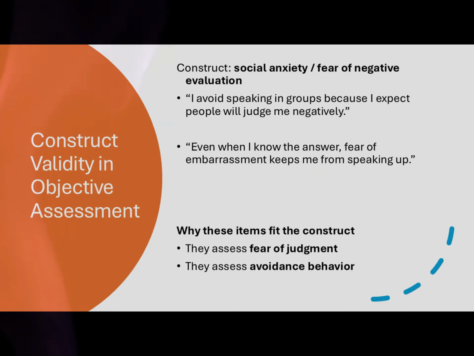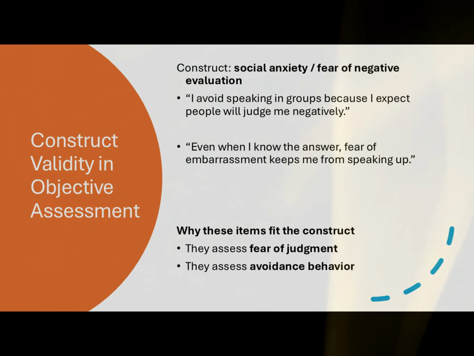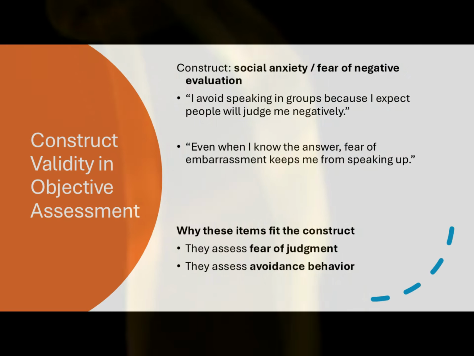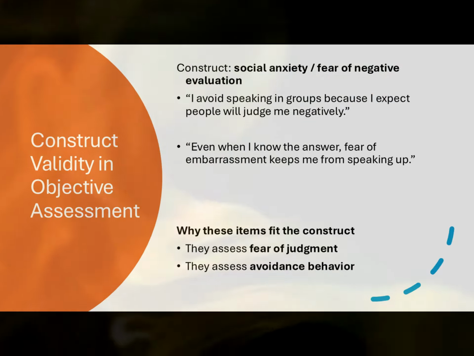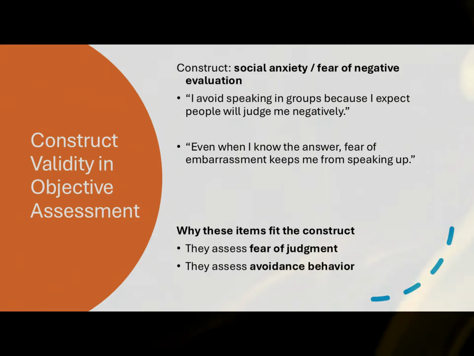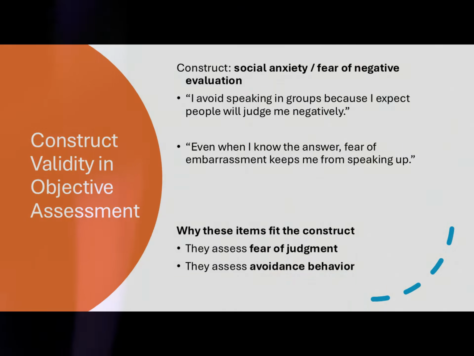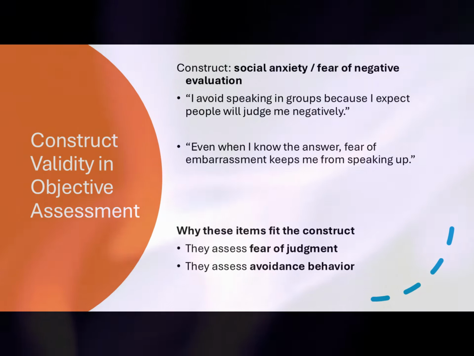So if you had a scale for social anxiety, one of the items might say something like, "I avoid speaking in groups because I expect people will judge me negatively." And why does that item fit the construct? Because it captures two important features at the same time. First, fear of being judged, and second, avoidance of a social performance situation.